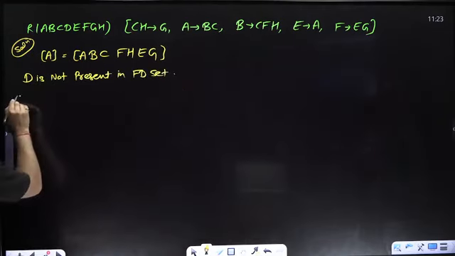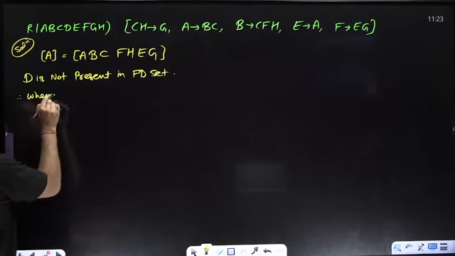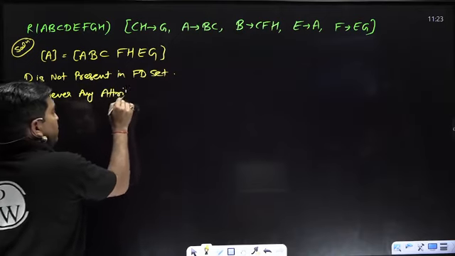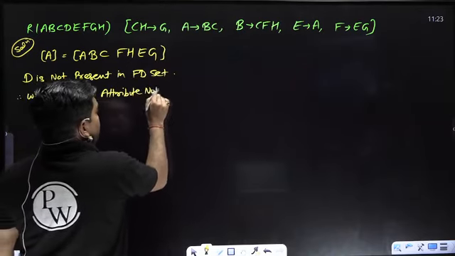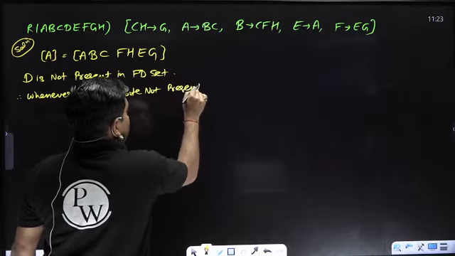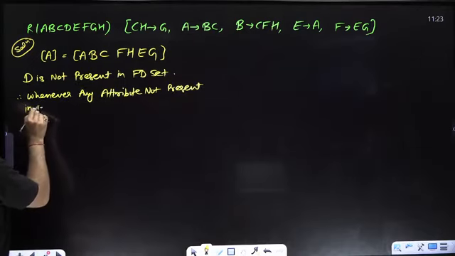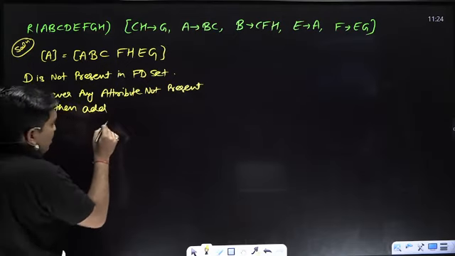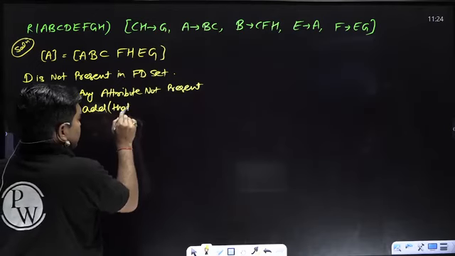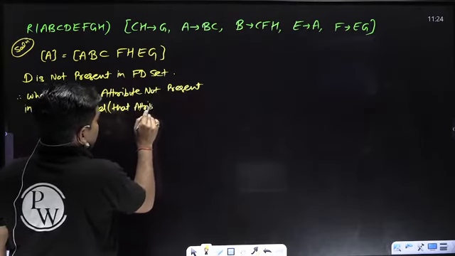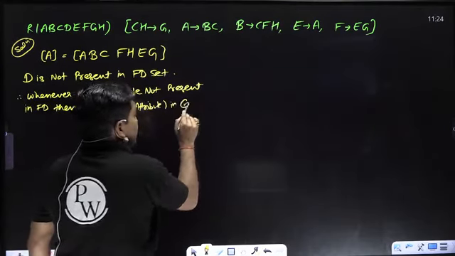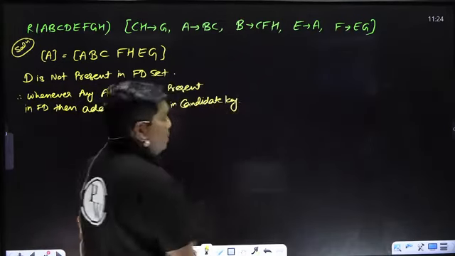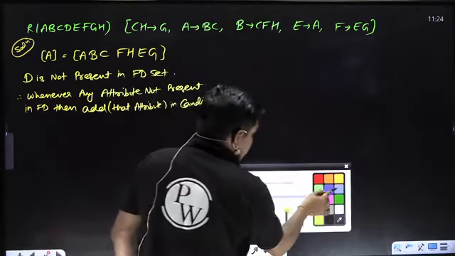So whenever any attribute is not present in the FDs, then add that attribute in the candidate key, make it a part of the candidate key.